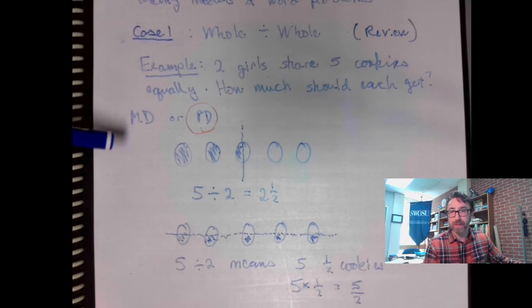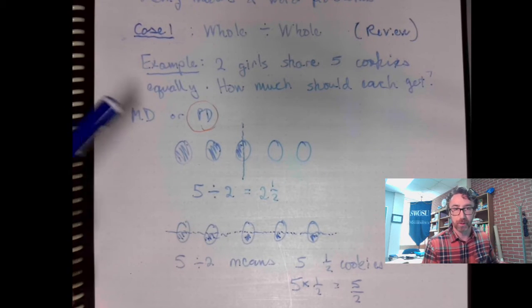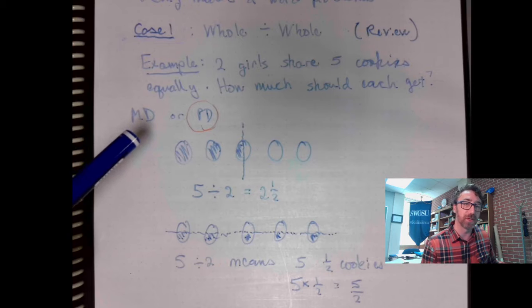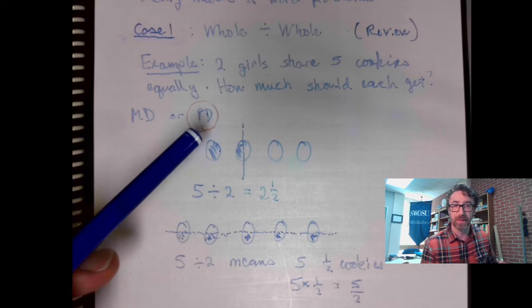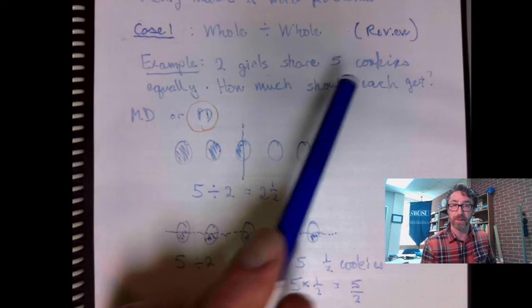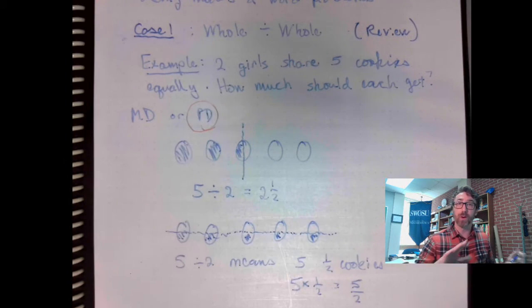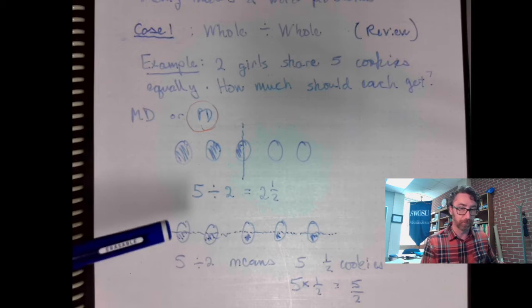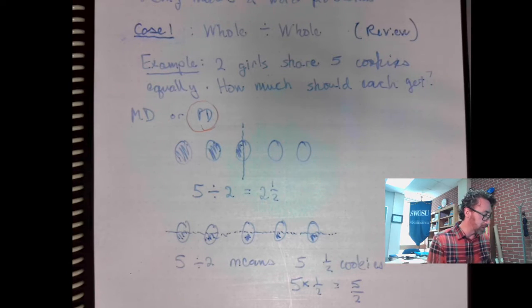Now, for each of these scenarios, I will be indicating whether we're thinking about this in terms of measurement division or partitive division. And in this example, I've already circled partitive, right? We're taking the 5 cookies, we're dividing them into 2 parts, and we want to know how big those parts are. So partitive division. Okay, so we have 2 ways to think about this.